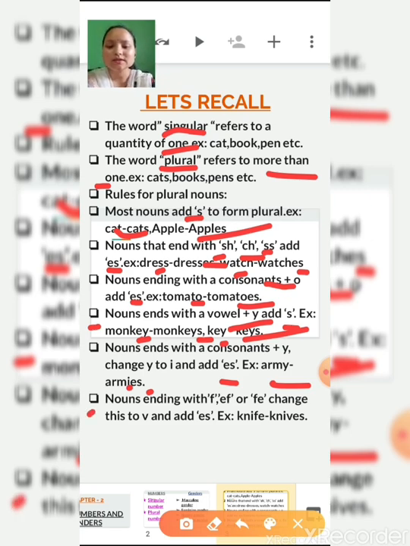Next and the last one is nouns ending with f or fe. Change this to v and add es. Example, knife, knives. Instead of f what have we written here? V, right? And what have we added at the end? Es. So knife becomes knives. So children, I hope it is more clear to you all now, right?